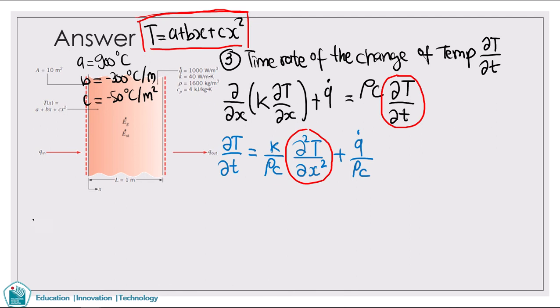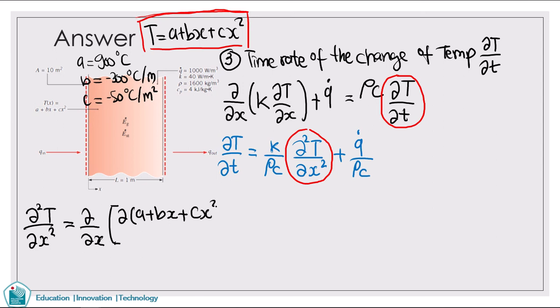Okay, this one, partial squared T over partial x squared, equal to the derivative of a plus bx plus cx squared with respect to x. So for the first derivative, this one becomes 0, b becomes only b, and this is 2cx. So we have b plus 2cx.